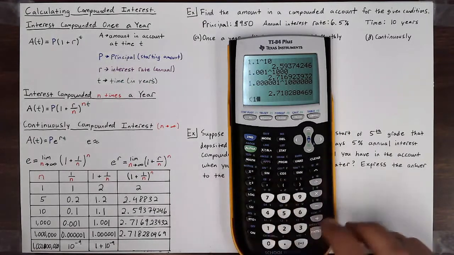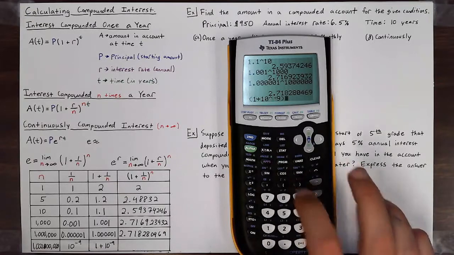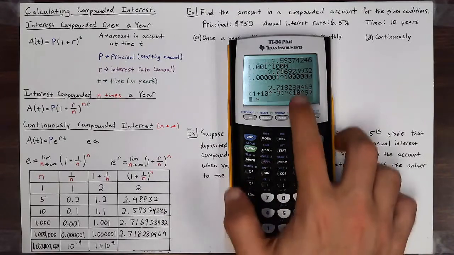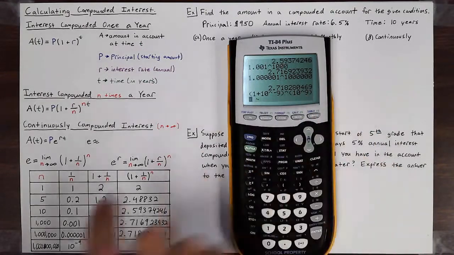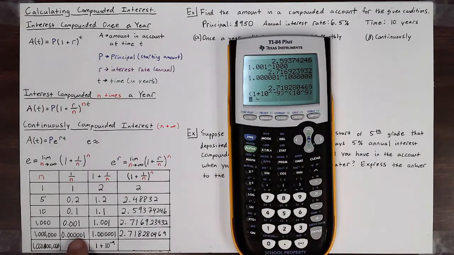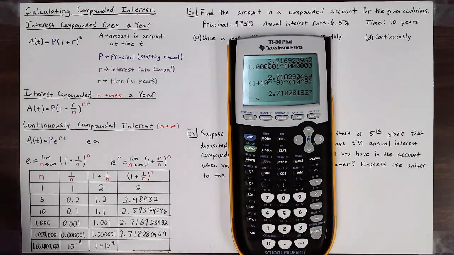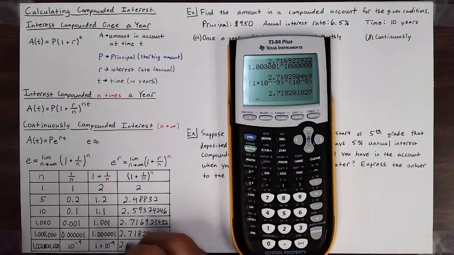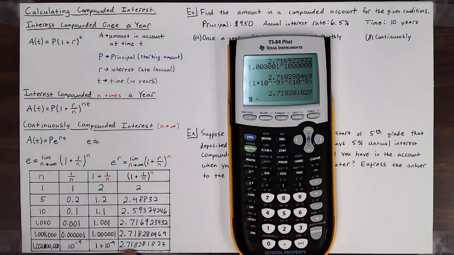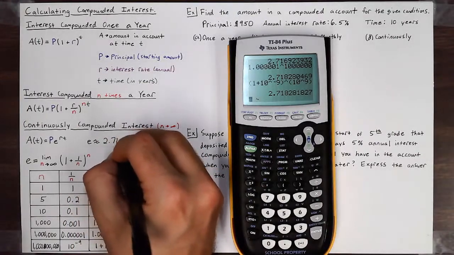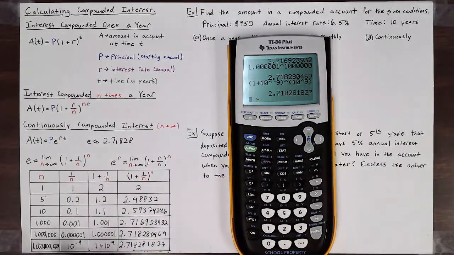So I'll have 1 plus 10 to the negative ninth raised to the 10 to the ninth power. That's a billion. And 10 to the negative ninth is 0.000000001. When I plug that in, I get 2.718281827. And you see they have all these decimals in common, so I can at least say that e is approximately 2.71828.